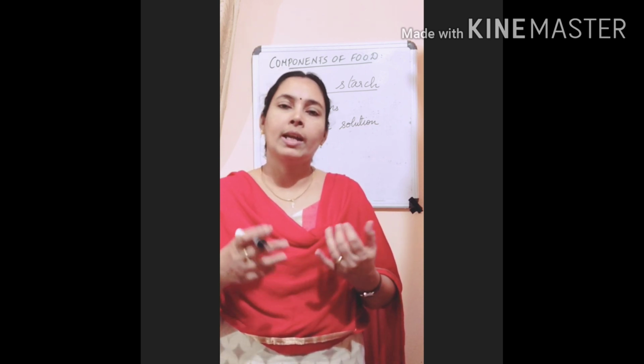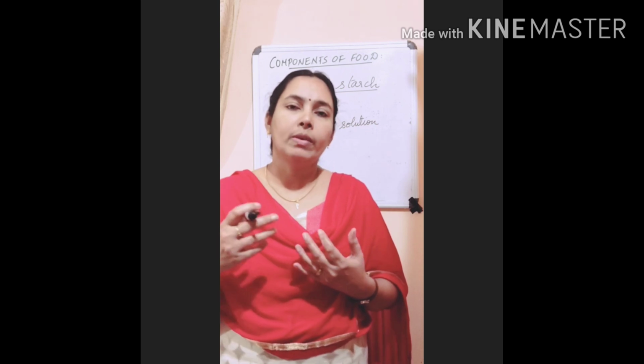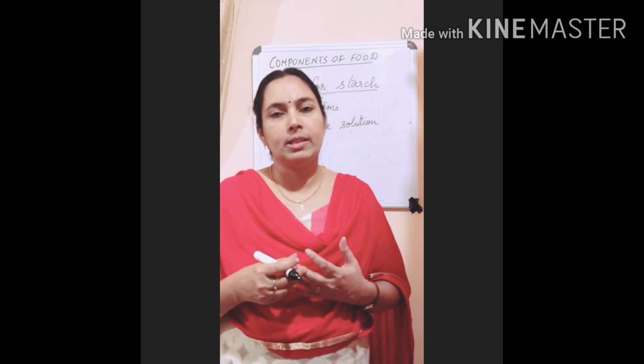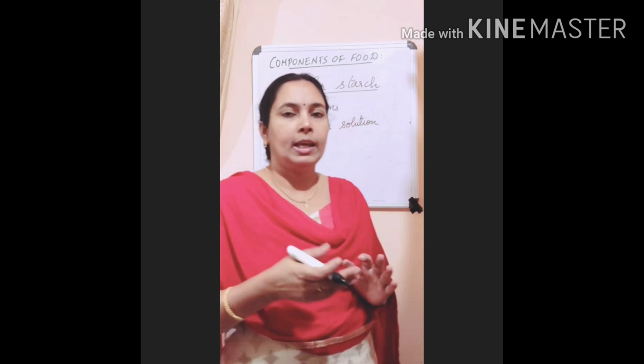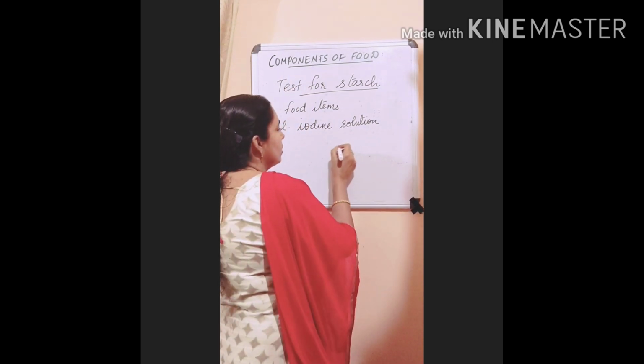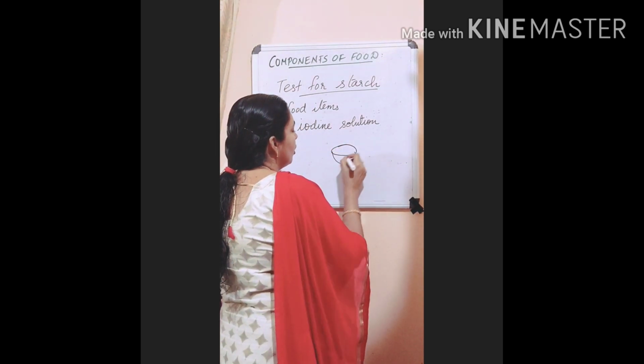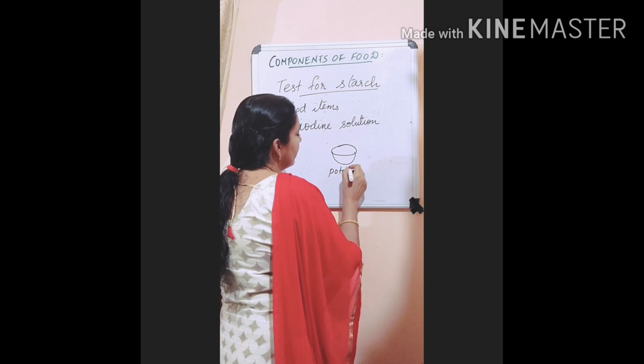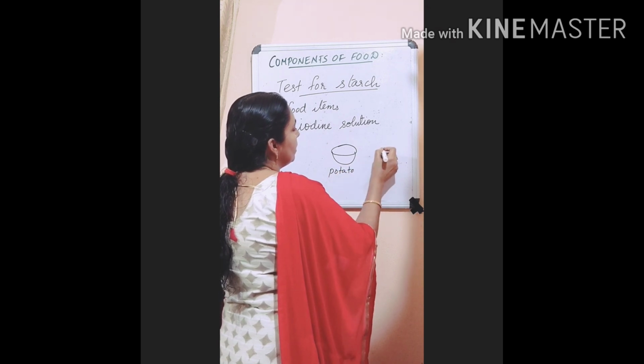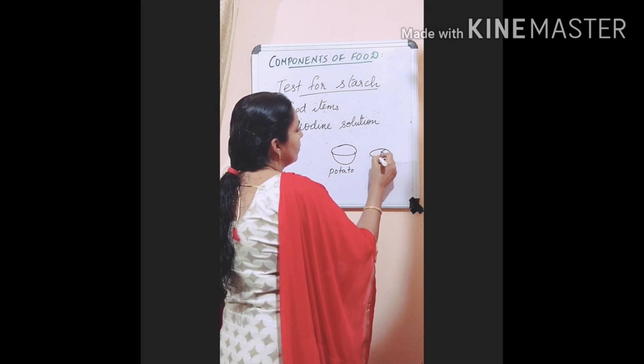So for this we can take cooked food items, or we can take some raw ingredients. So now first we take a piece of potato. Then take a piece of lemon also.